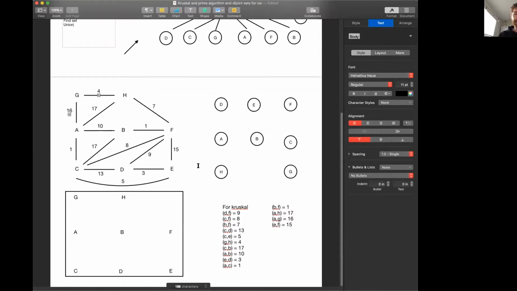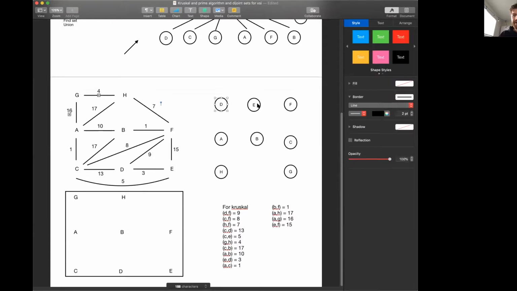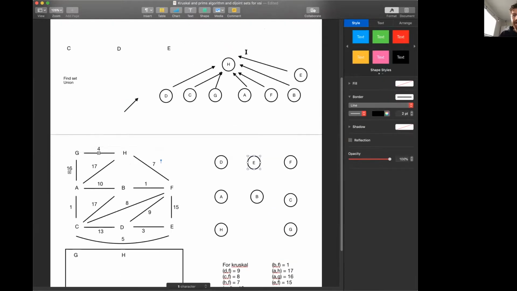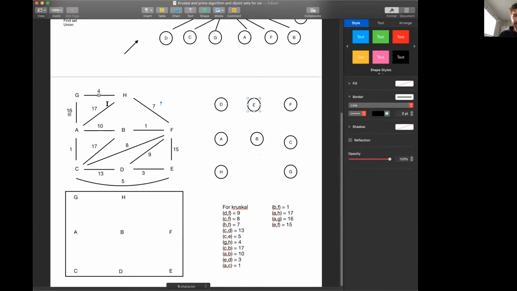We're going to run through all the vertices, and I'm going to make a set out of each vertex. So I get a situation like this, just like what we had before, but for this graph on the left. So I get each vertex as a disjoint set by itself. That's the first step of the algorithm.